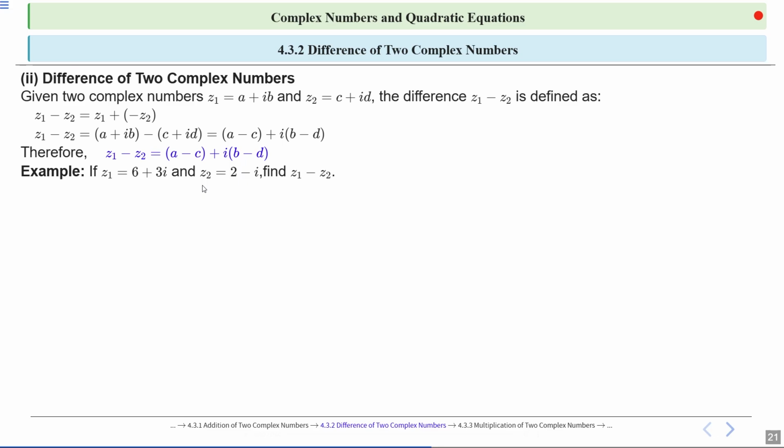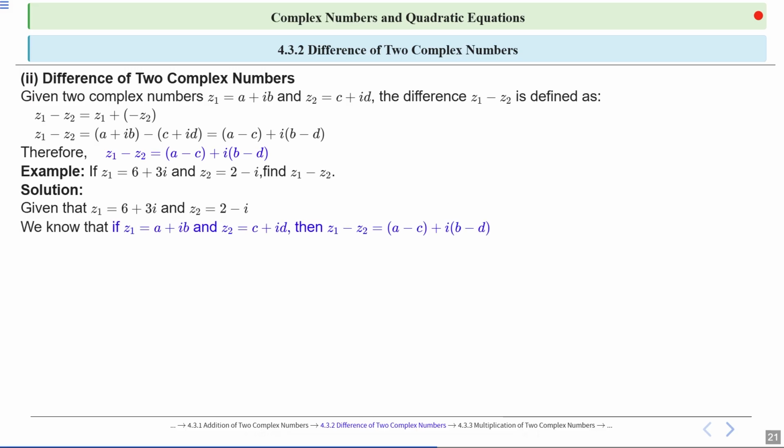Let's look at an example to make this clearer. Suppose we have z1 equal to 6 plus 3 times iota and z2 equals 2 minus iota. Then we have to find z1 minus z2. So let's solve this example. So given that z1 equals 6 plus 3 iota and z2 equals 2 minus iota.